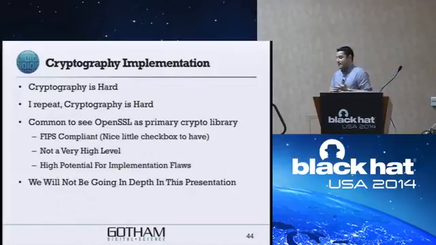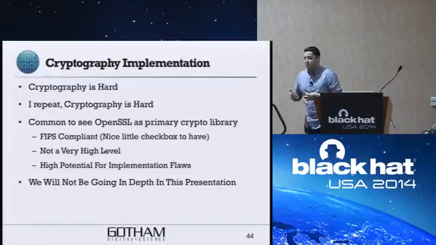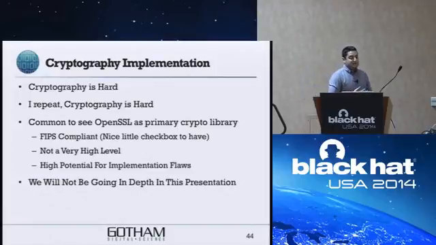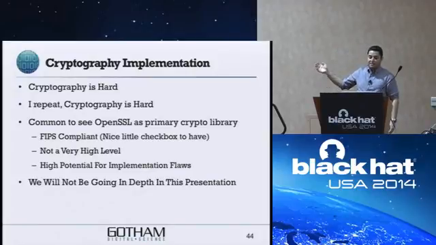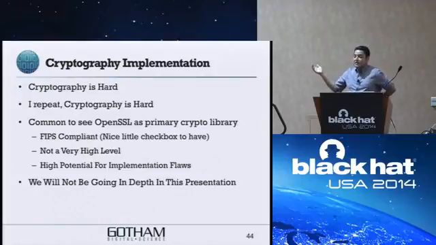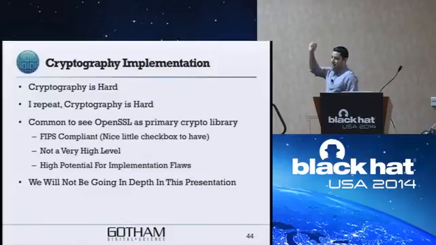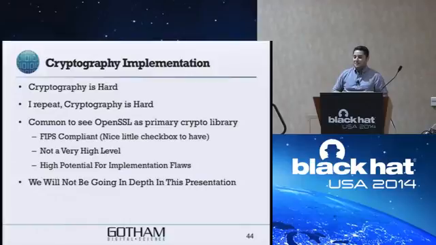What we've found is that the de facto library to use in these solutions is typically OpenSSL. So you're always going to see this OpenSSL native library injected. And why do they use OpenSSL? Because it's FIPS compliant, and you can say, check, check, check, I'm FIPS compliant, add it to my white paper, I'm good to go.